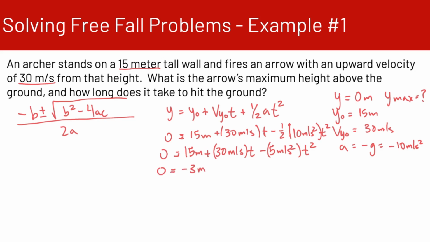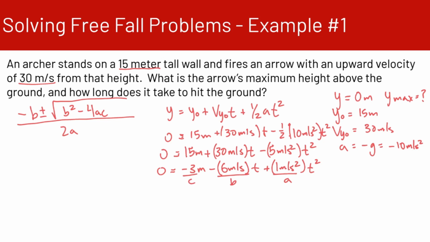So we can say we have 0 equals -3 meters minus 6 meters per second times t plus 1 meter per second squared times t squared. Okay, so this is our a, this is our b, and this is our c, if we're plugging this into the quadratic formula.